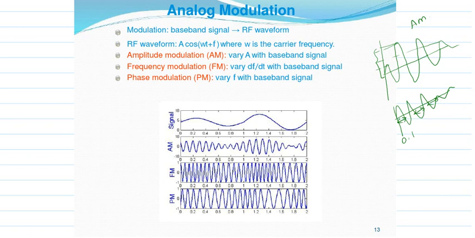You can look at this diagram. There is an amplitude variation, but here you can see the frequency is also getting varied. So here they are varying the frequency along with the base band signal. That is phase modulation.